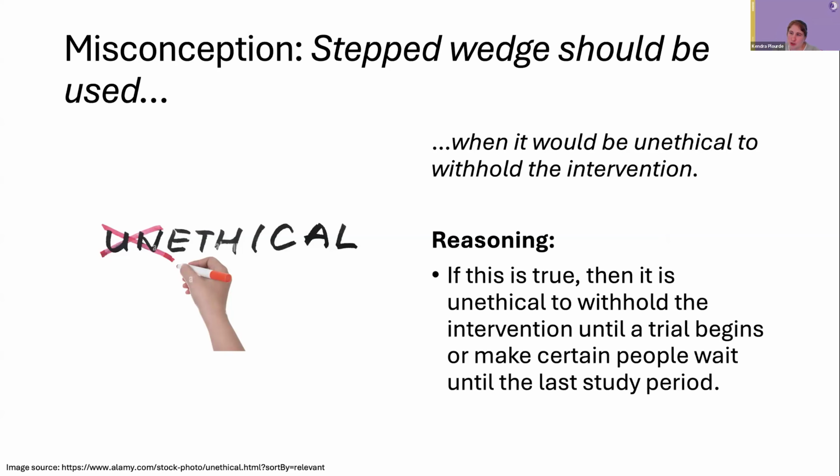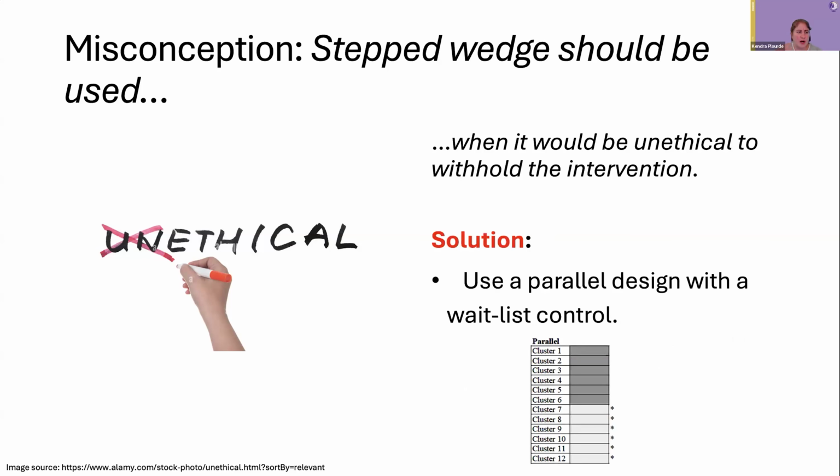But if this is true, if it's truly an intervention that is very beneficial and should not be withheld, then it's unethical to withhold it until a trial begins or to make certain people wait until the last period to receive it. So our solution here, what should be considered first, is a parallel design with a waitlist control.